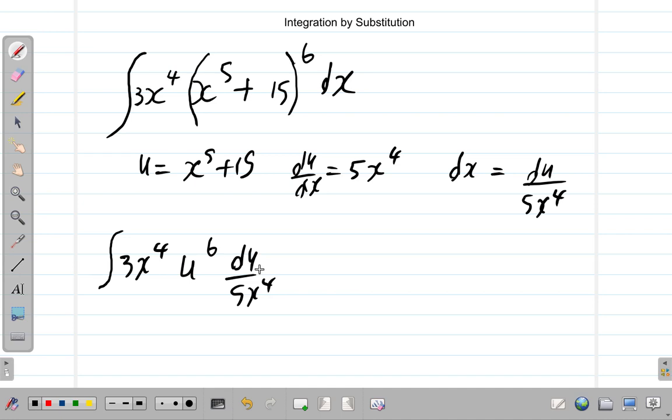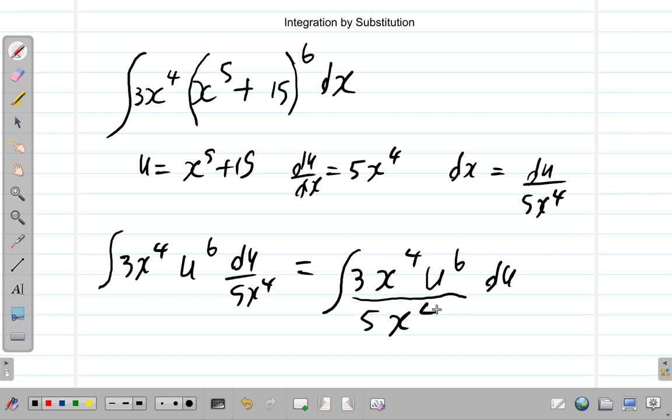So here now, this can be written as, let's keep the numbers there, 3x to the 4th, u to the 6th, du, being divided by 5x to the 4th. So let's put all of this over 5x to the 4th.